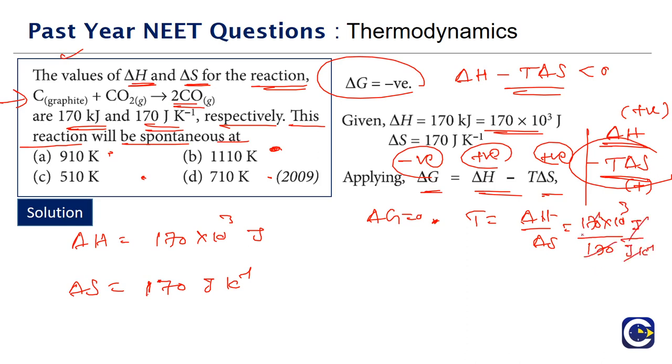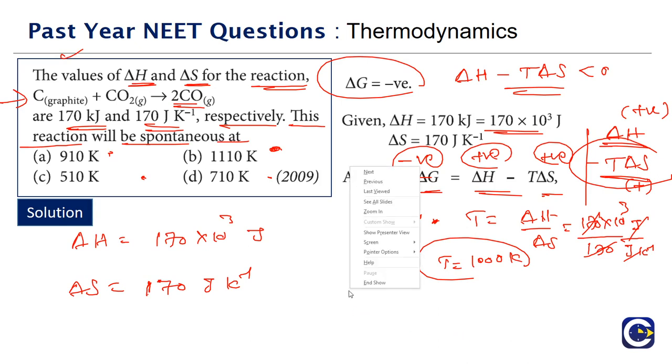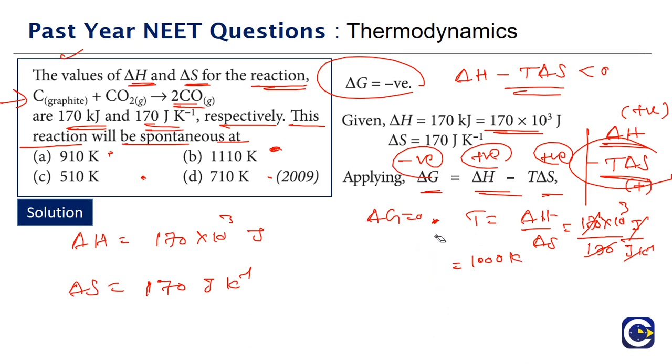Joule is cancelled, 170 cancelled. What is the temperature we are getting? 1000 Kelvin. That is the equilibrium temperature. If you go above, it will become spontaneous. The only temperature above 1000 in the given options is option B. So this way also we get the correct answer.